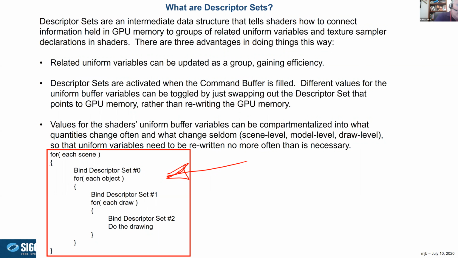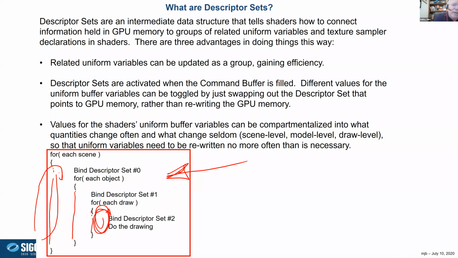We're drawing a scene and we're drawing multiple objects in the scene and we're making multiple draw calls for each object. Okay, well, nested for loops, this for loop is going to get executed a lot. This for loop is going to get executed much less often.